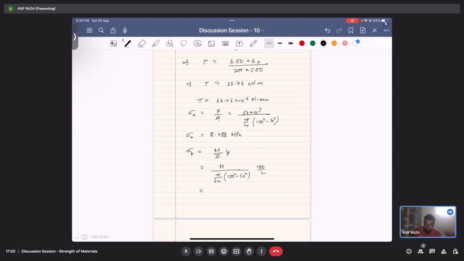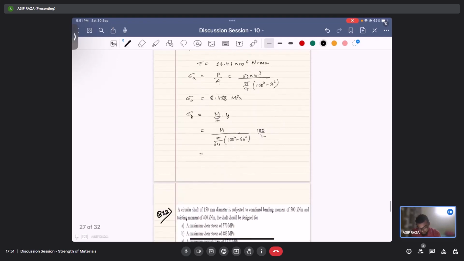This equals 50 into 64 divided by pi divided by (100 to the power 4 minus 50 to the power 4), which comes around 1.08649 into 10 power minus 5 M.